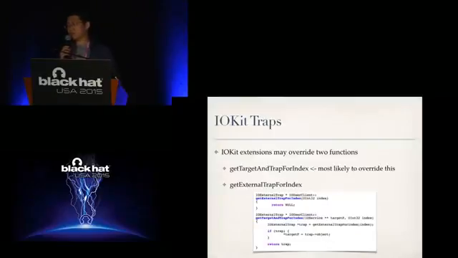If some IOKit extension wants to provide this feature, they may override 2 functions, but if you look inside, you will see that most drivers choose to override the getTargetAndTrapForIndex function.